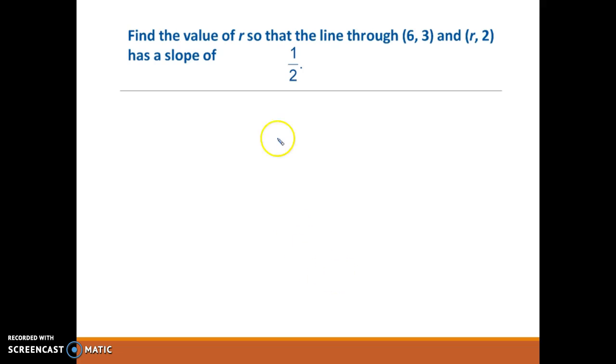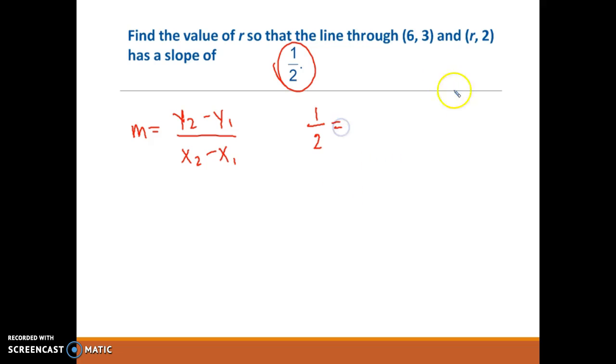Right, some other types of questions. I've got the value of r, so that these 2 points, the line that goes through these 2 points, and my r is one of my coordinates, has a slope of 1/2. So if we think about it, my slope formula is y2 minus y1 over x2 minus x1. So I know my slope is 1/2, so I'm going to plug that in for m. All right, and then over here, I'm going to plug in the values that I know.